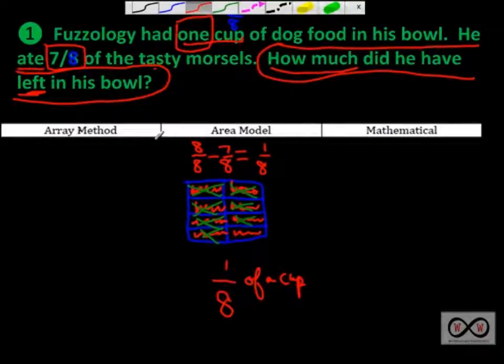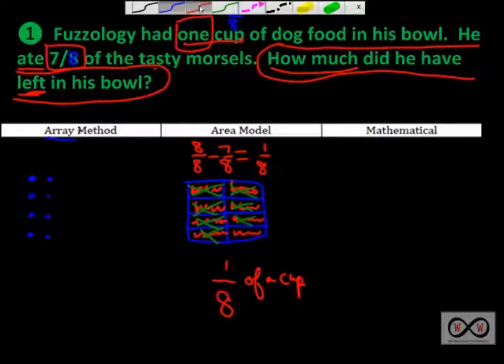And now we'll show our array. We'll start off the same type of idea in our array. It's really helpful to use an array when you're talking about a set or a group, and we'll just represent this in eighths to show each eighth of a cup of dog food.